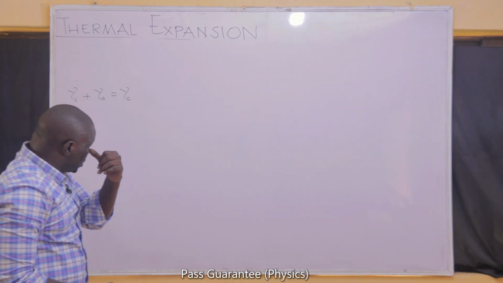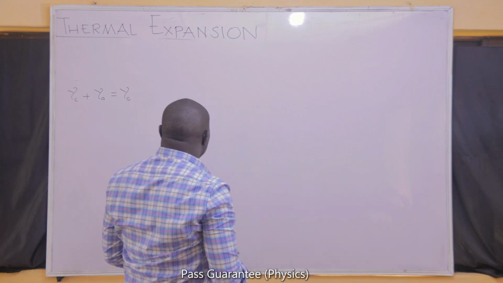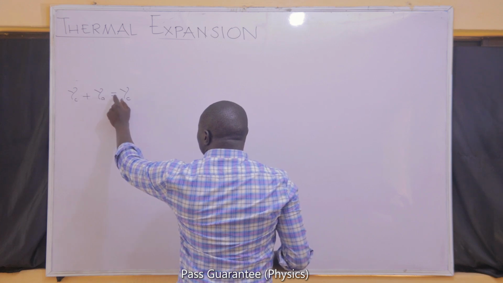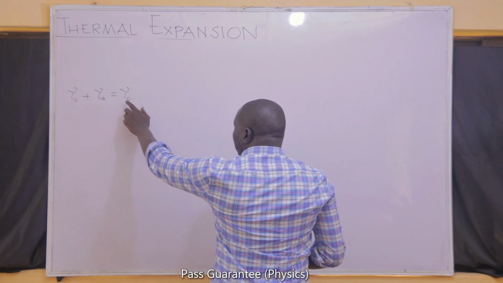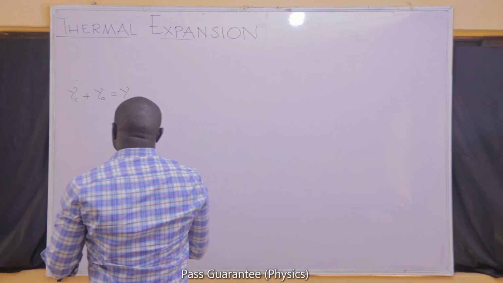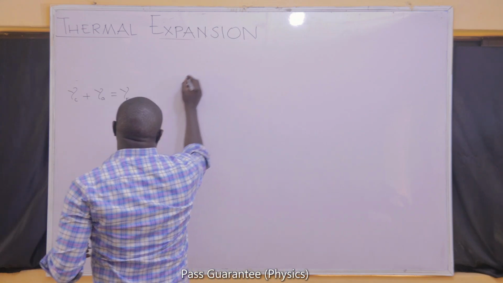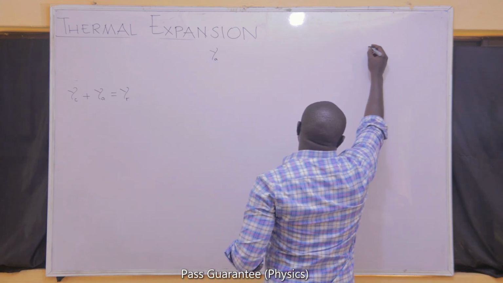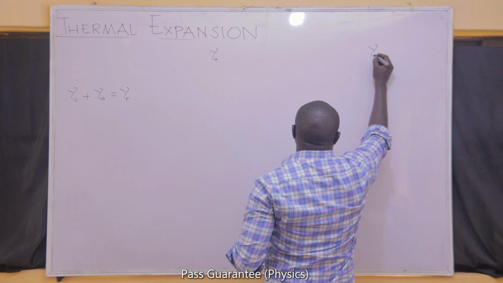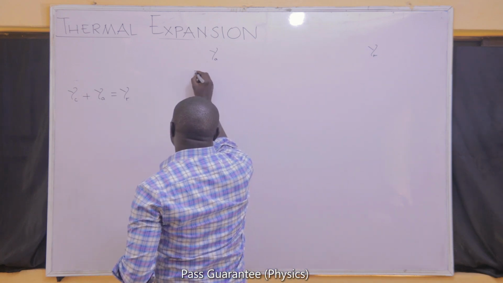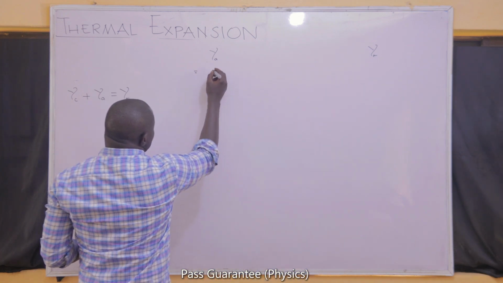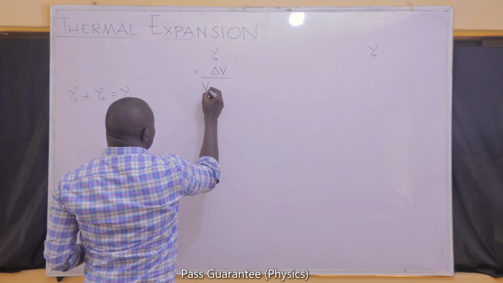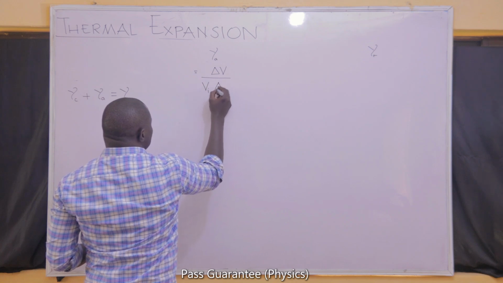Now, I need you to understand that there are specific formulas that can be used to find the apparent cubic expansivity and the real cubic expansivity. To find them, we can use the standard formula for cubic expansivity, which is the change in volume per unit volume per degree rise in temperature.